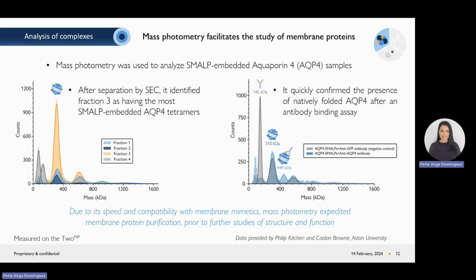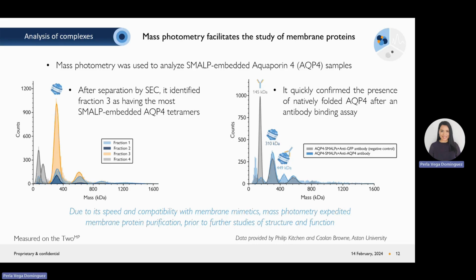In this application, the aim was to monitor the sample abundance of the M1 isoform of aquaporin 4 that was purified and embedded in small nanodiscs as part of a functional and structural characterization process.